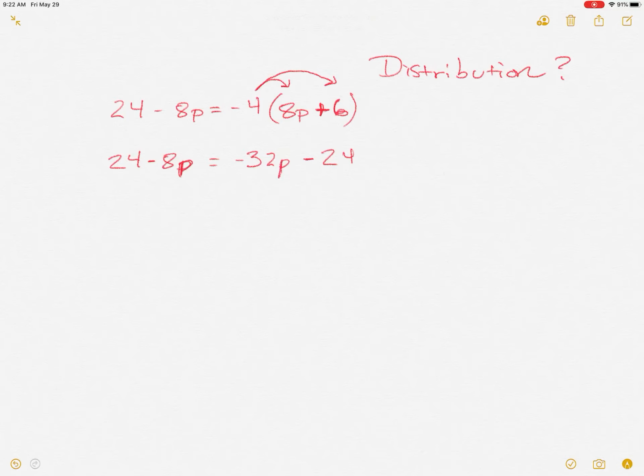So as we talked about last week, we have lots of different options here. We could start by subtracting 24 on both sides. We could start by adding 8p on both sides.